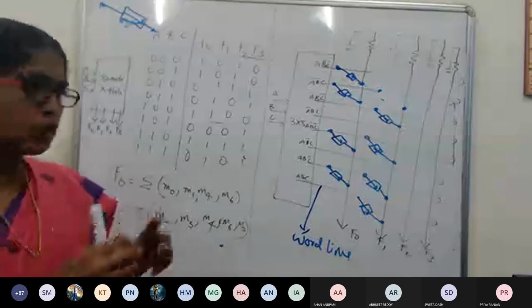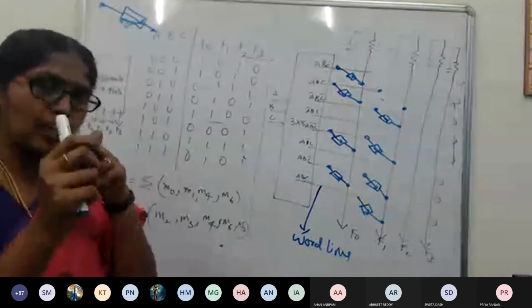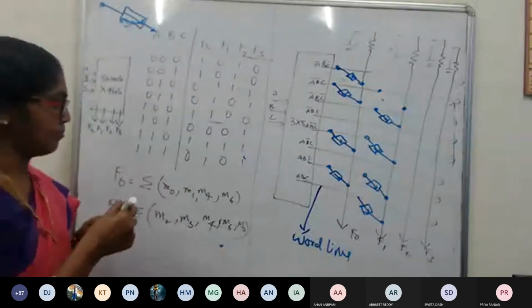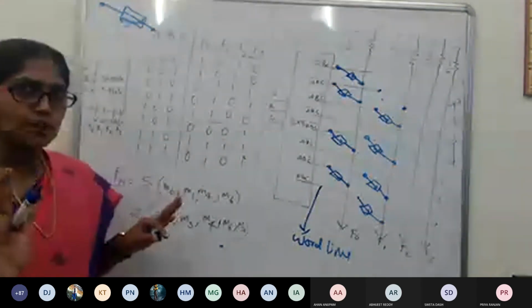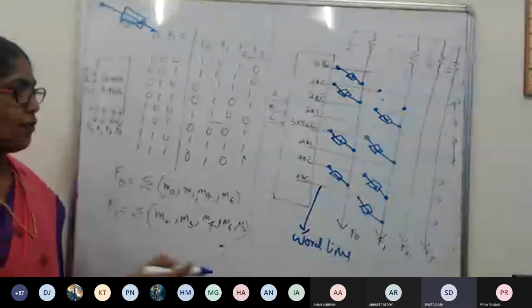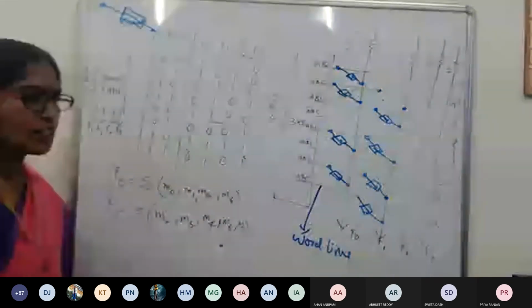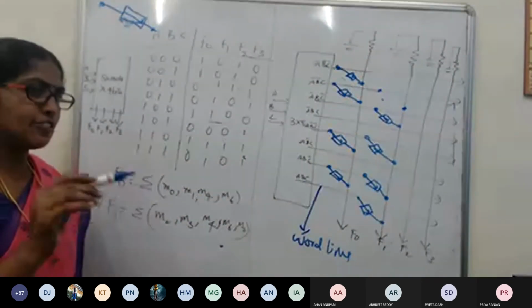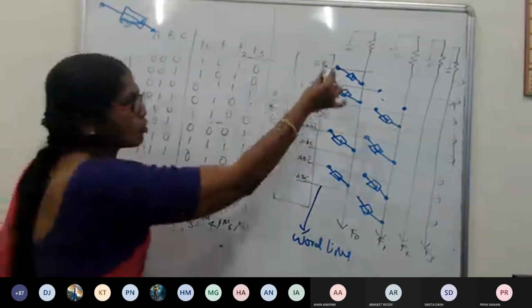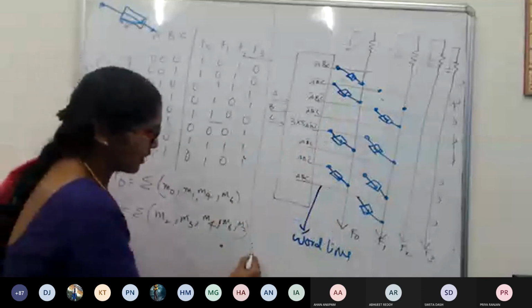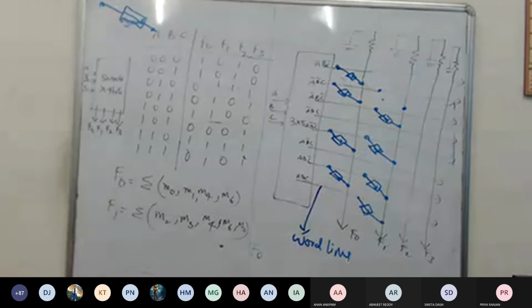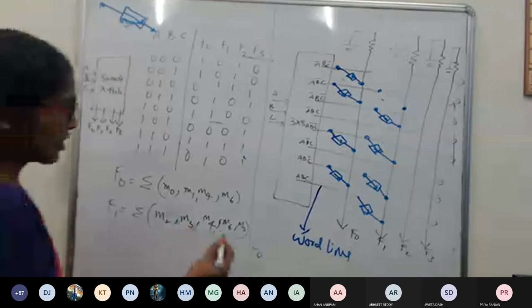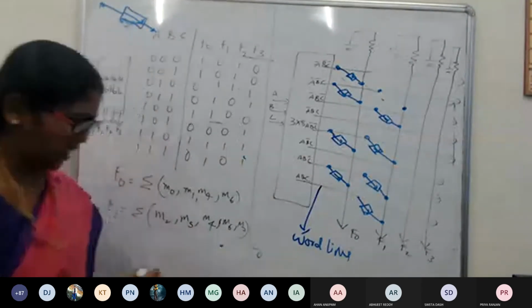If a switch is connected, let me give one notation: alpha. And switch not connected is beta. Okay? Now, if you check here, F naught, switch connected and switch unconnected. F naught only you take. What is the word we will get?